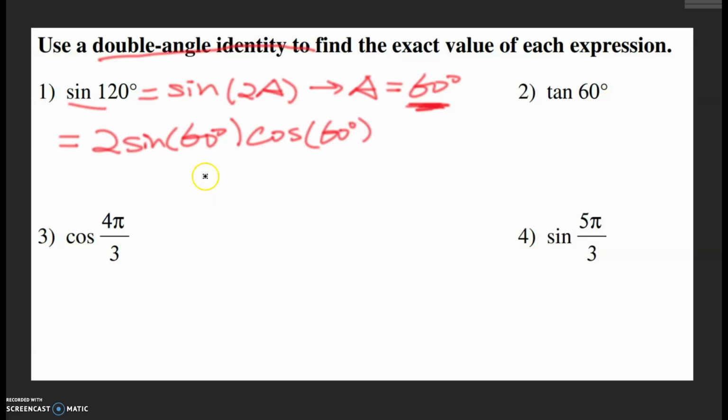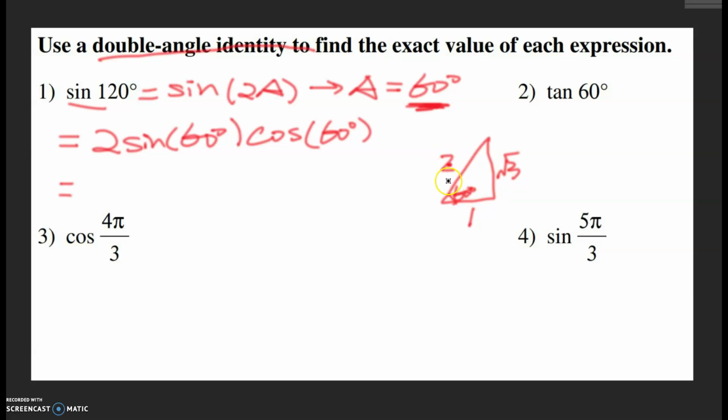Now this is something we need to remember. 30 degrees, 60 degrees, and 45 degrees are the basic trigonometric angles, and you need to remember those trigonometric values. If we draw a triangle, here's 60 degrees. The sine of 60 degrees is opposite over hypotenuse, and the ratio should be 1, square root 3, 2.